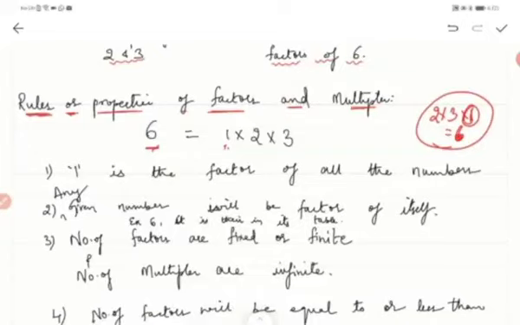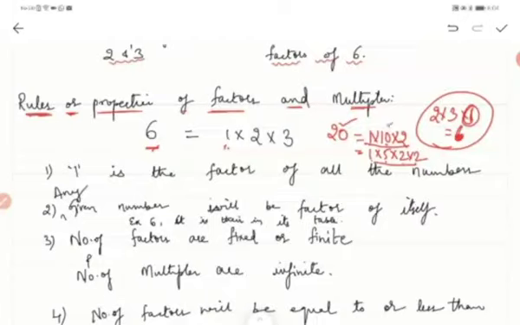If you take 20, you can write it as 1 into 10 into 2, isn't it? 20 into 1 is again 20. And you can write one more as 1 into 5 into 2 into 2, right? You can write it even like this. So for 20, all these are factors: 1, 5, 2, 10.